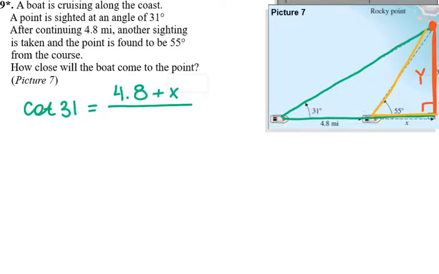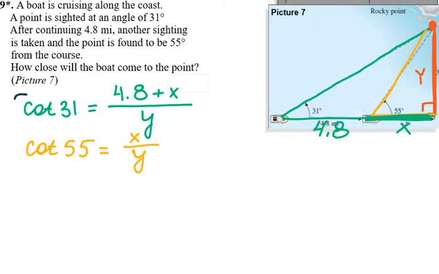The rest of the path is x. So this is x and this is 4.8, and divide by y. And for the yellow, I have cotangent of 55 is equal to x over y.